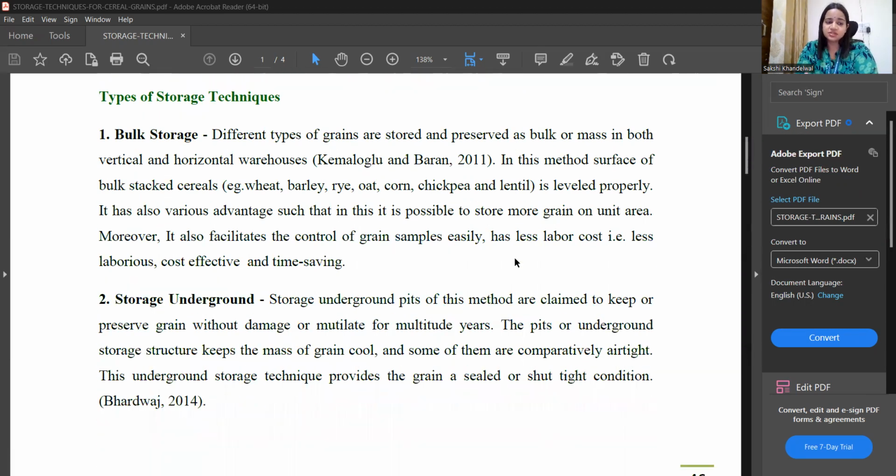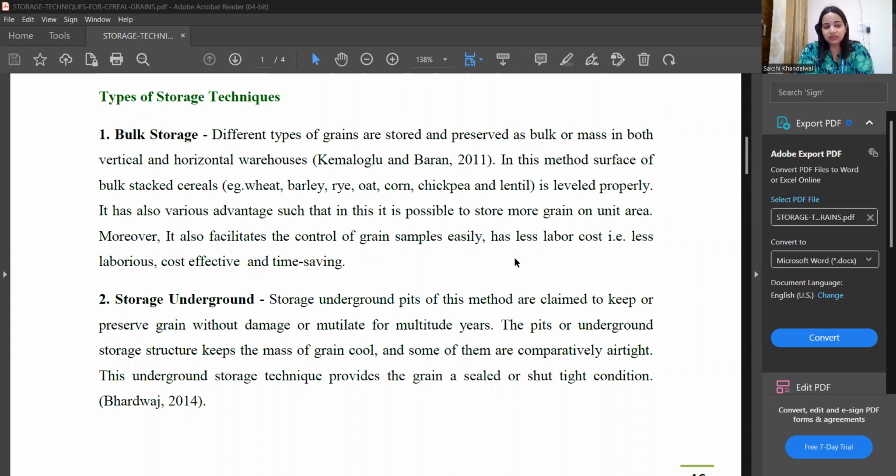So first is bulk storage. What is bulk storage? Different types of grains are stored and preserved as bulk or mass in both vertical and horizontal warehouses. In this method, the surface of bulk stacked cereals, for example, wheat, barley, rye, oat, corn, chickpea, and lentil, is leveled properly.